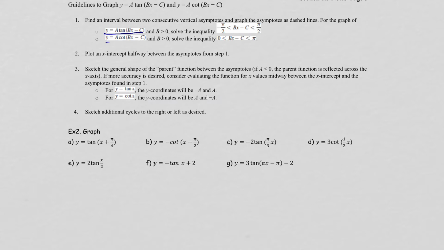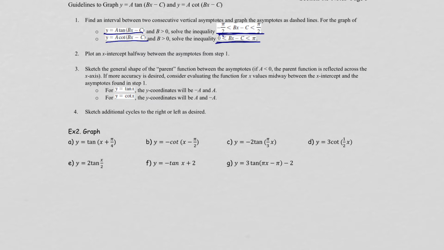If this is the formula, where you have a tangent or cotangent of bx minus c, then using the bx minus c in the middle, and this is the regular graph of tangent and cotangent, start moving the vertical asymptotes by solving in the middle for x. That's one way of doing it.